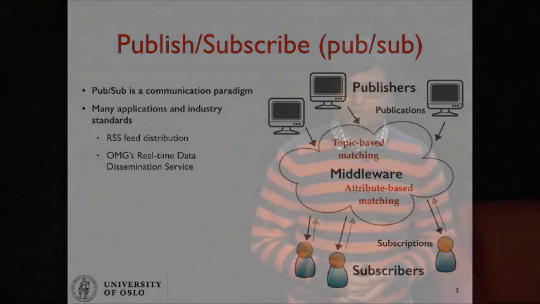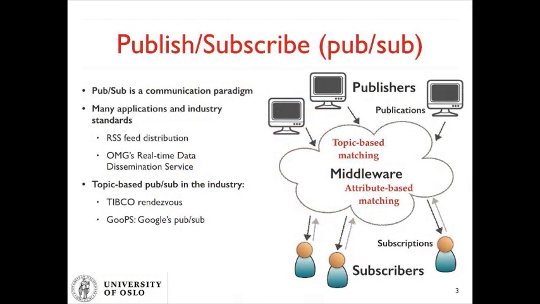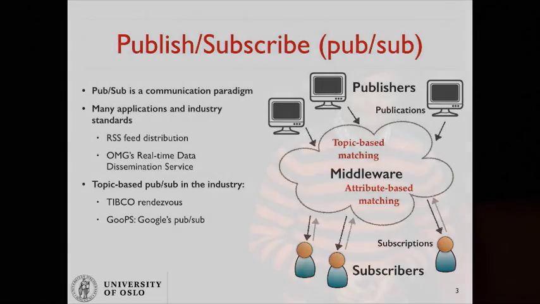One most popular example is even RSS feed distribution can be considered as a pub-sub application. And there are standards from OMG's real-time data dissemination service. There are also many topic-based pub-sub systems out there used in the industry. There is TIBCO's Rendezvous pub-sub, and Google's internal pub-sub for synchronizing data across their data centers called Goops.